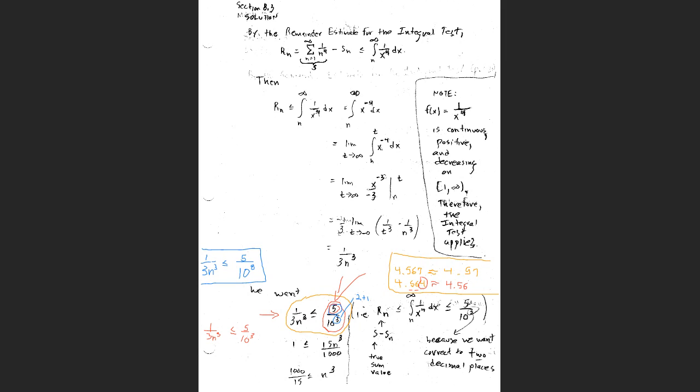If I multiply both sides by 3n cubed, I'm going to get this inequality here.